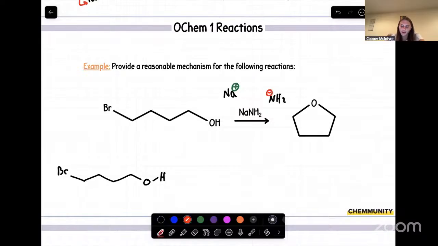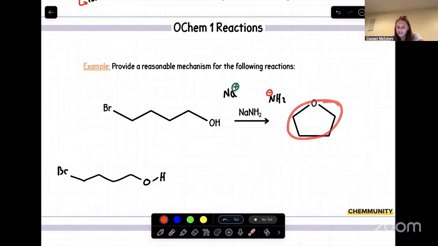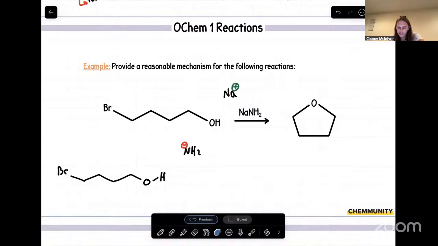Perfect. Now, since our nitrogen has a negative charge, we have to decide, okay, is it going to act as a nucleophile or is it going to act as a base? Because an amide ion can act as both. If we're looking at our product, we can easily see that it won't be acting as a nucleophile, only because we don't see a nitrogen in there at all. But if we were to drag this over here, we have to keep in mind that acid-base reactions are very fast.